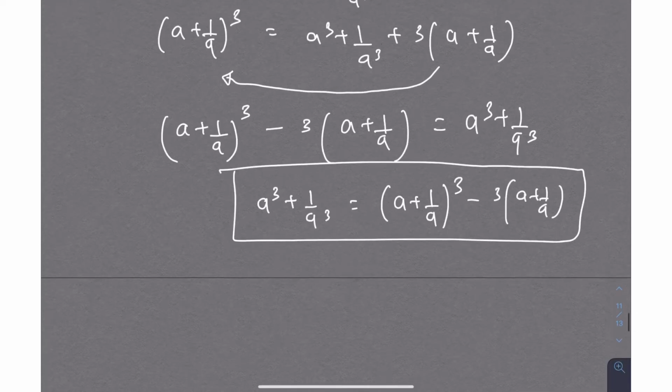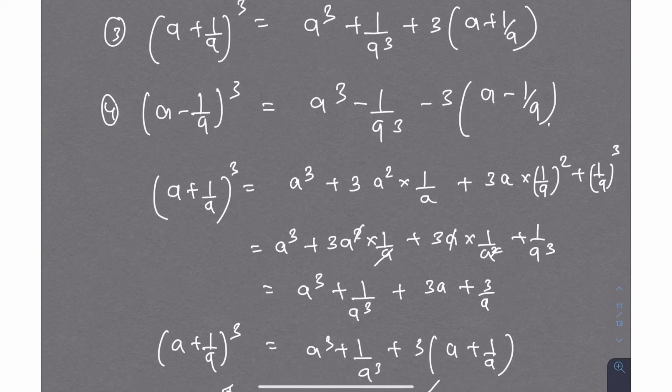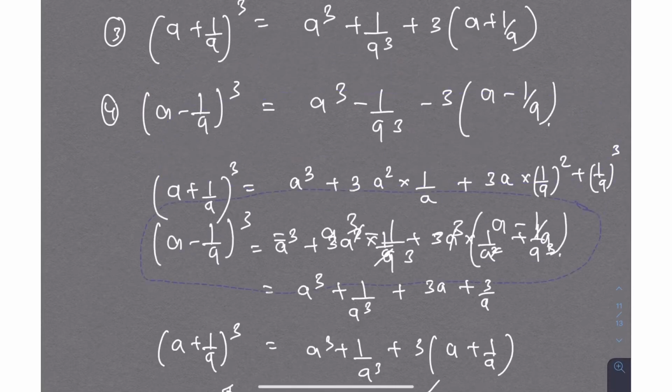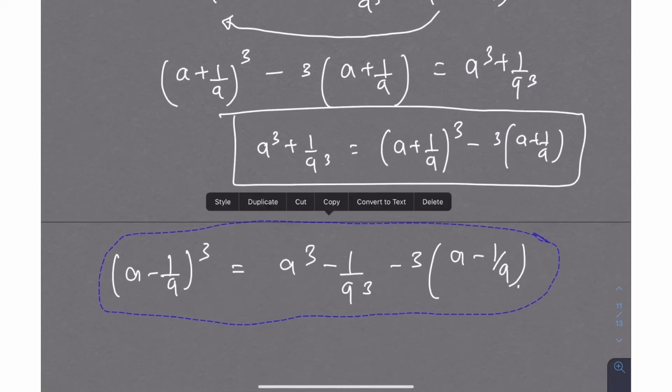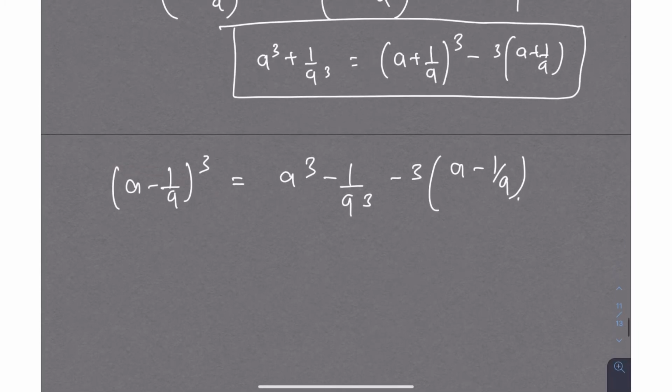Now suppose, what is the formula where we are getting a minus 1 upon a the whole cube? This is the value for a minus 1 upon a the whole cube.